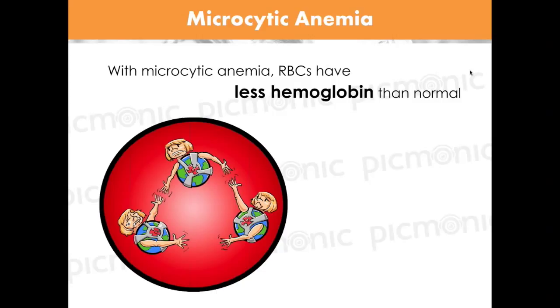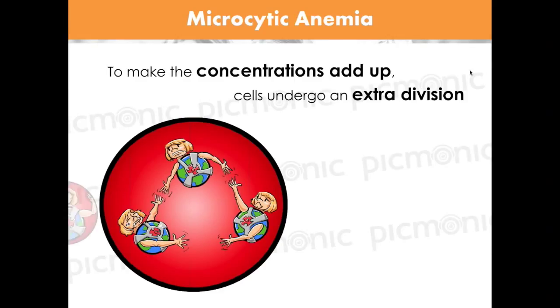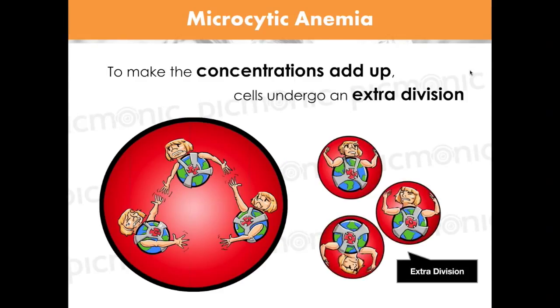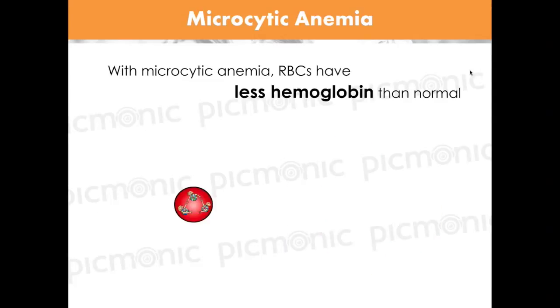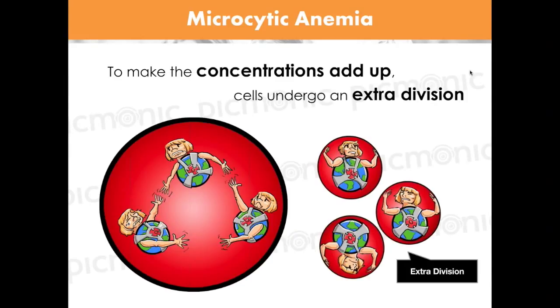What happens is, in a normal-sized red blood cell, you have a decreased concentration of these guys. So what does your body do? It undergoes extra divisions to maintain that concentration. So this small guy here, these one-man hemoglobins that you see in these small red blood cells, has the same concentration as this guy. That's essentially what your body's trying to do, and that's why these cells are small.